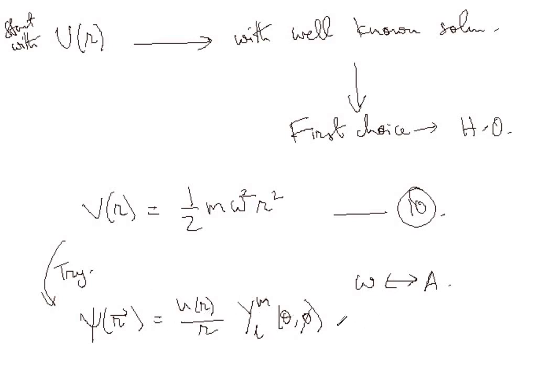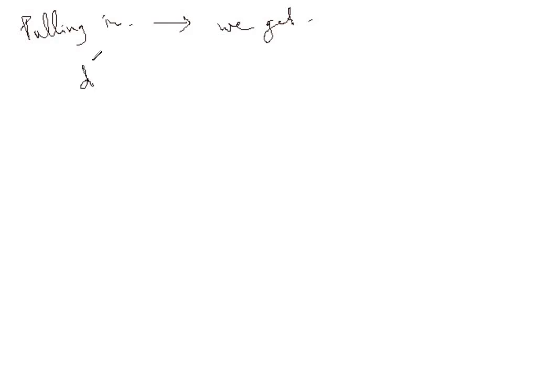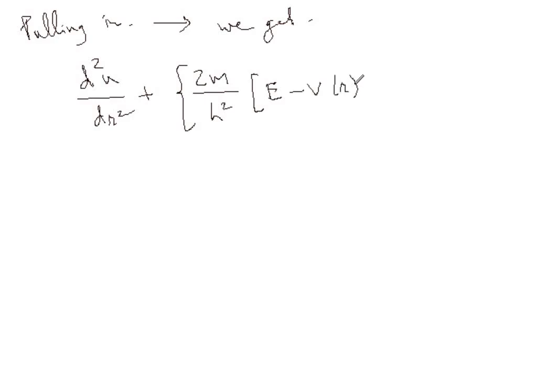So upon putting this in, we get d2u dr square plus twice m by h-bar square times E minus V(r) minus l into l plus 1 by r square, right, to u equal to 0. This is equation 11.